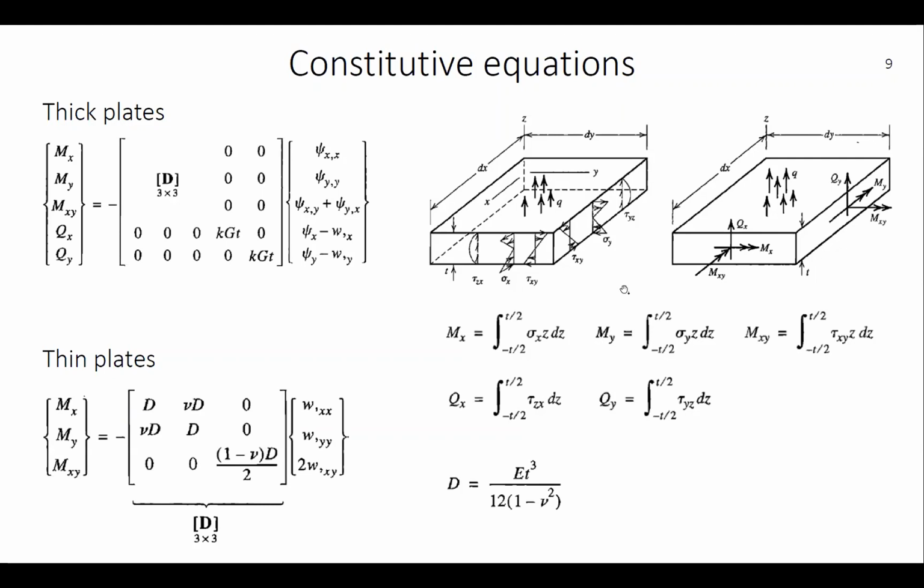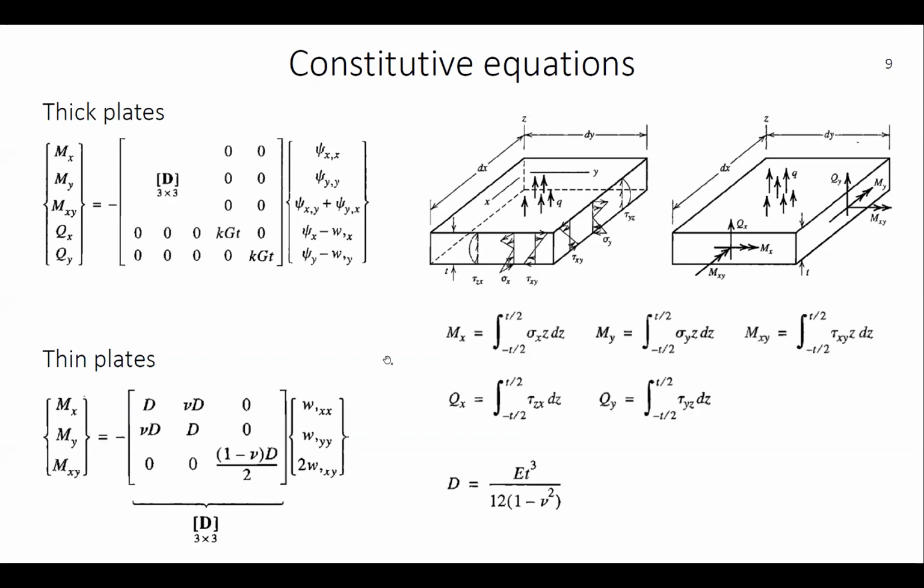And these section forces are obtained by integrating the stresses over the cross section. Whereas you have a linear variation in the bending stresses, and then you have this parabolic shape for the shear stresses.